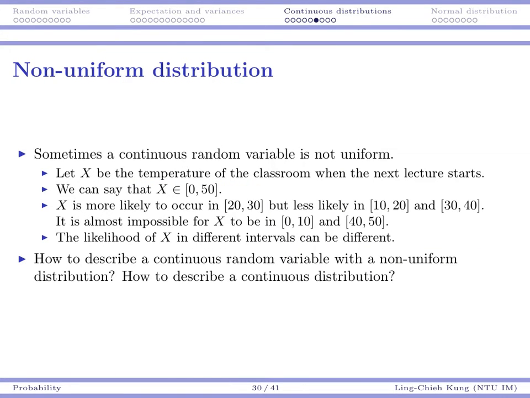But in practice, there are also some continuous random variables that are not uniform. For example, suppose we are estimating or predicting the temperature for the next lecture. Then capital X is more likely to occur in 20 to 30, obviously, but not so likely in 10 to 20, and very impossible to be within 0 to 10.